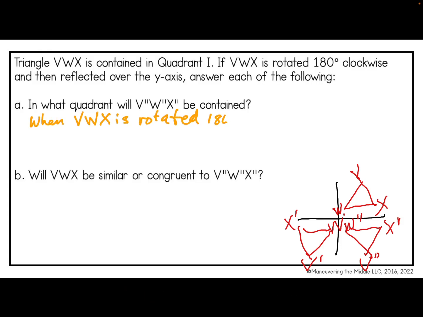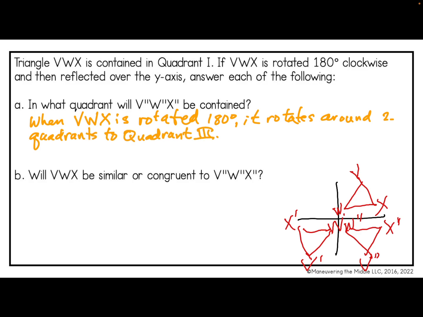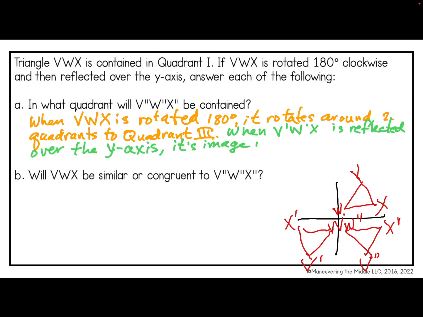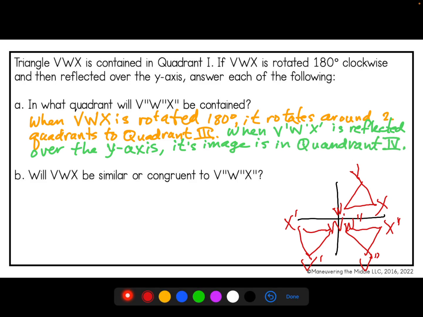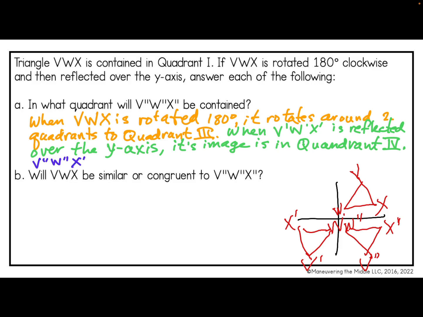So when VWX is rotated 180 degrees, it rotates around 2 quadrants into quadrant 3. And then when we reflect it over the y-axis, it's reflected into quadrant 4. Therefore, the final image will be in quadrant 4.